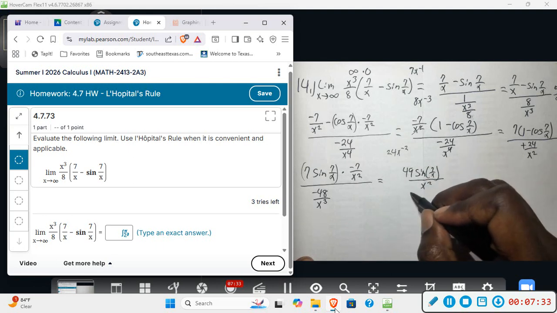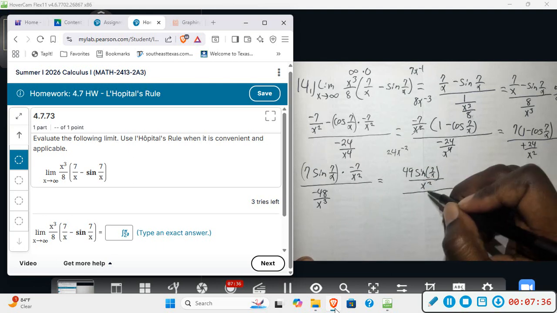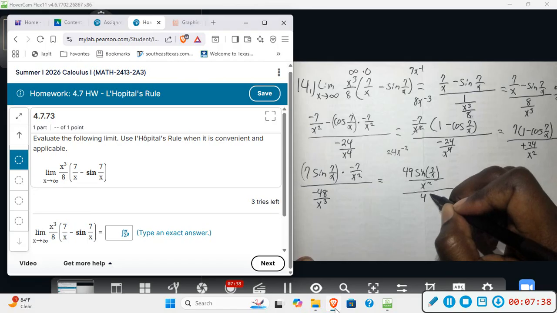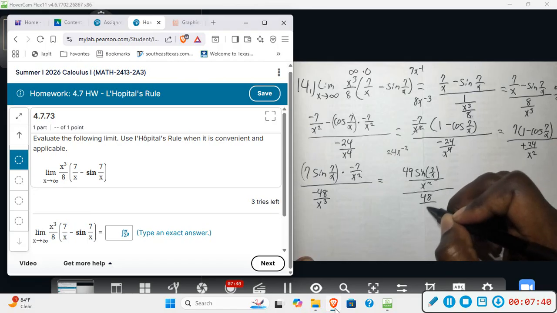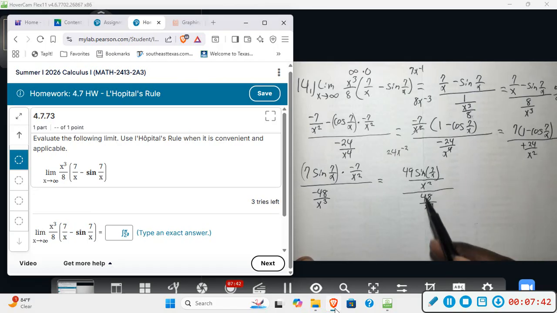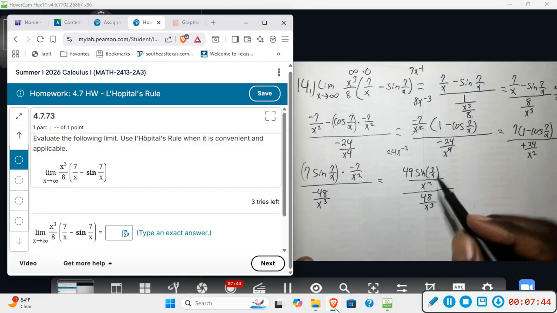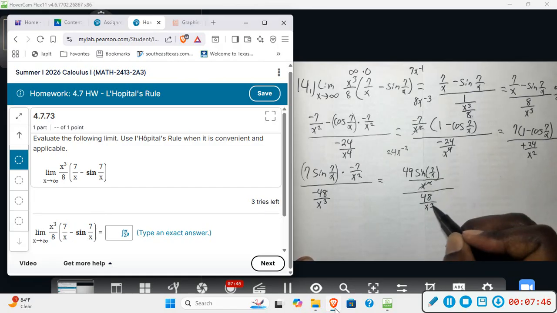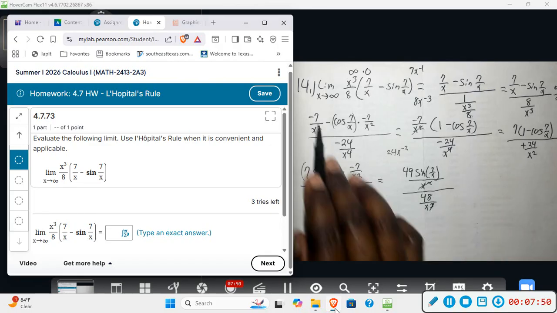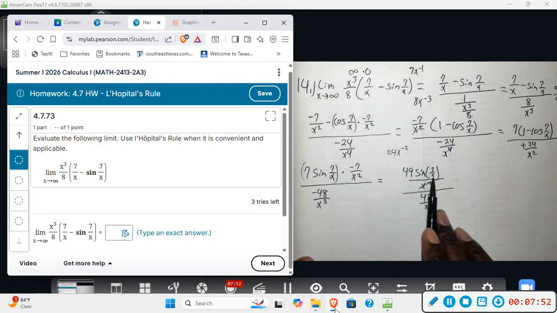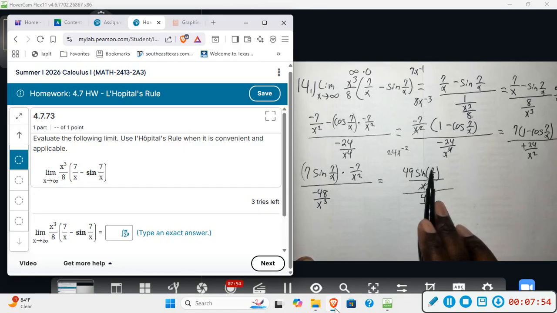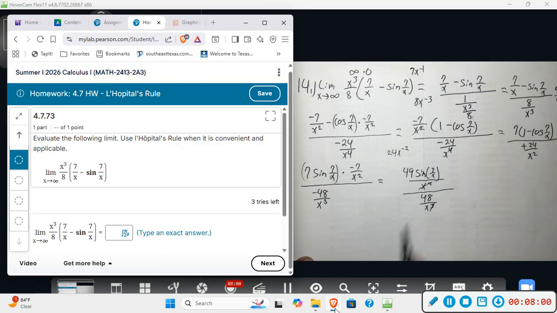And then on the bottom, we have 48 over x cubed. Again, I can take the 2 and divide out the 2 x's and divide out 2 from here, which will leave me with 1 over x. And so if I plug in infinity at this point, taking my limit, this will still give me 0. And then this will be infinity on the bottom because 48 over infinity is 0. So I still got 0 over 0.